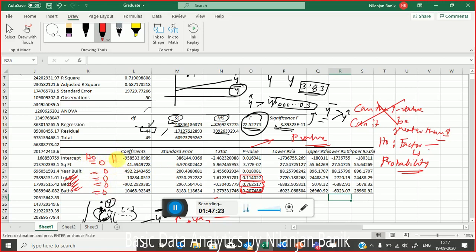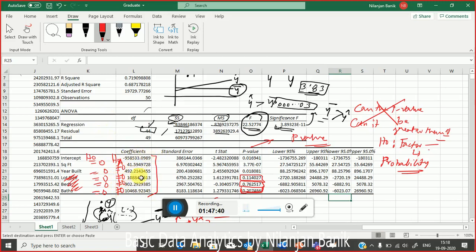What is it meaning? That is my null hypothesis. What will the alternate be? The alternate is HA: these are not equal to 0. So you can always say, Nilanjan da, that the coefficients that have come are not 0. None of them are 0.